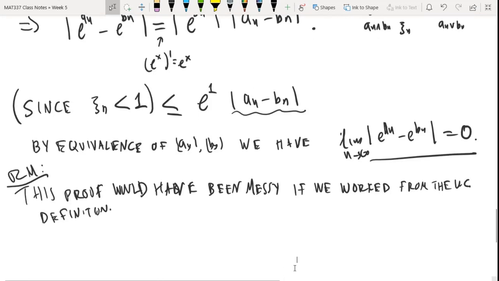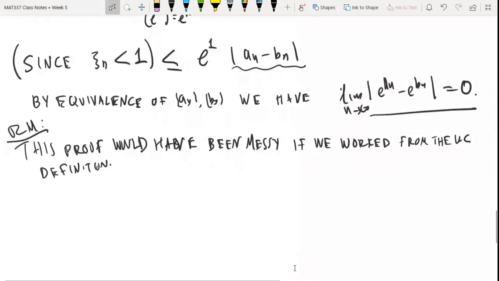Another remark here is that what we did is not specific to the exponential.